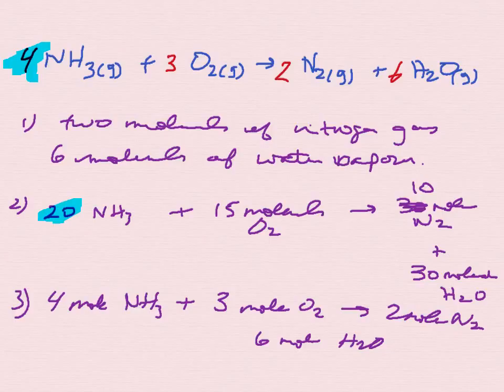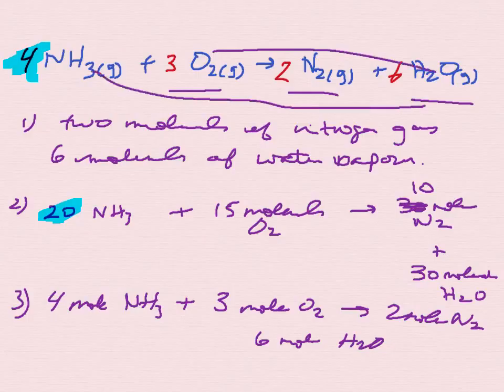You can write that upside down, so to speak, and say, for every 3 moles of oxygen, you're going to need to use up 4 moles of ammonia. You can compare oxygen and nitrogen, a 3-to-2 ratio. You can compare oxygen to water, a 3-to-6 ratio. Water to ammonia, a 4-to-6 ratio. Which ratio you pick will depend on what you're given in your question and what you want to find for an answer.